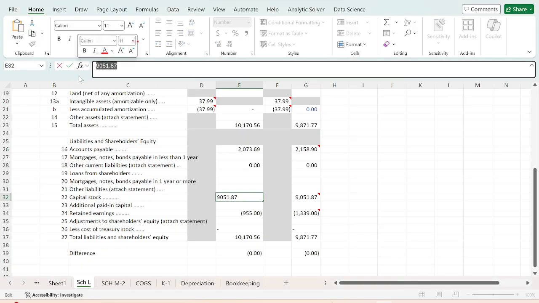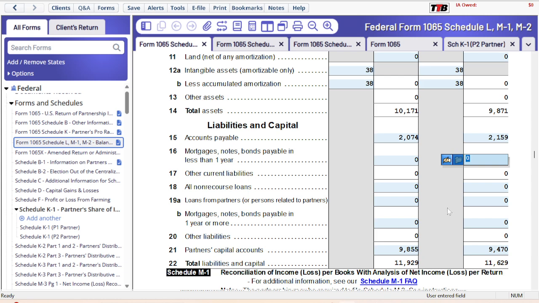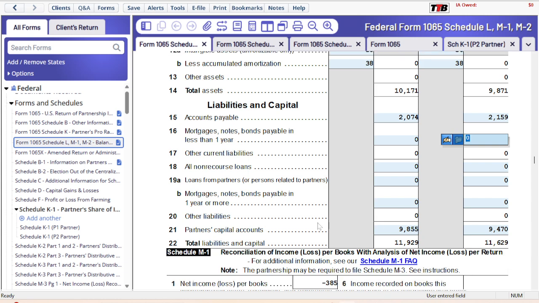So we can copy. I think here it is going to group it for us. So here we do not have, we have other liabilities. There we have capital, partner capital account. So here it is not giving us capital stock and retained earnings separately like that.